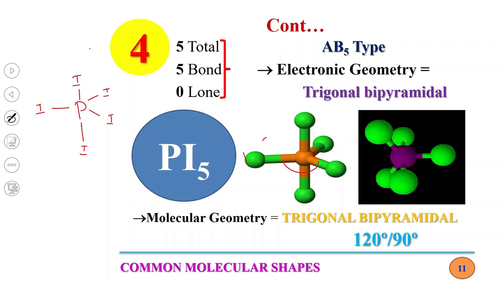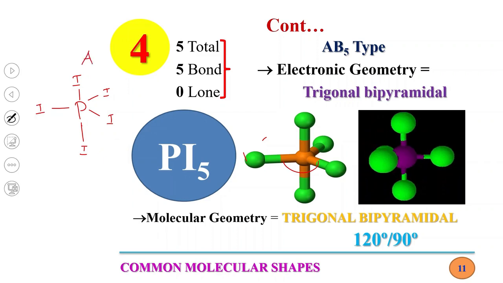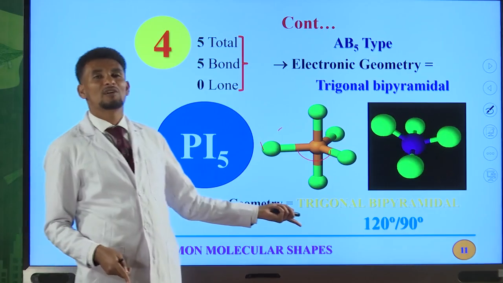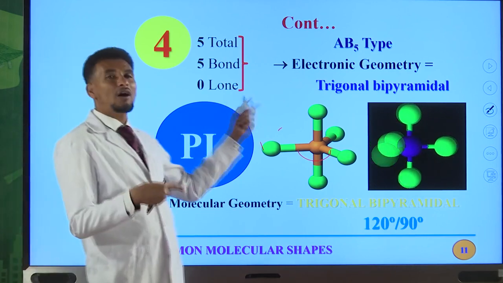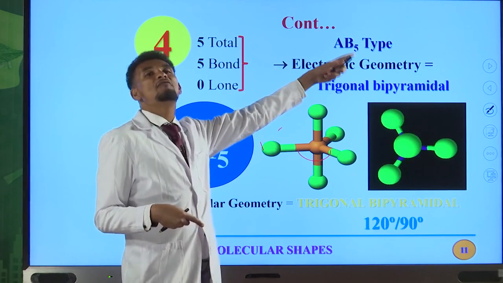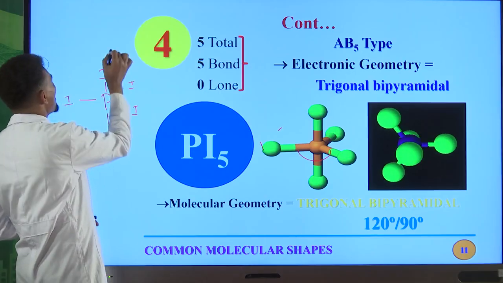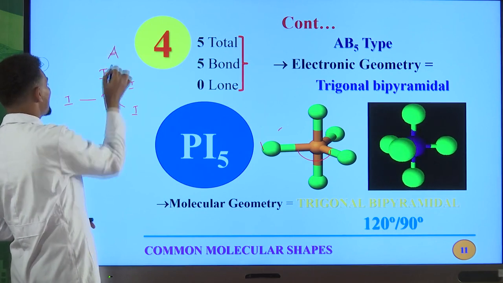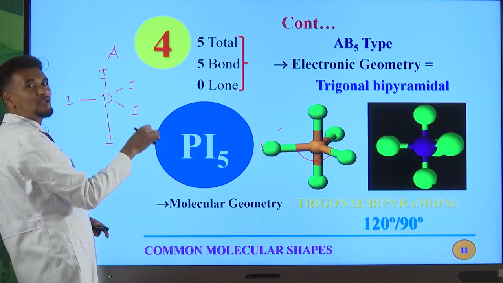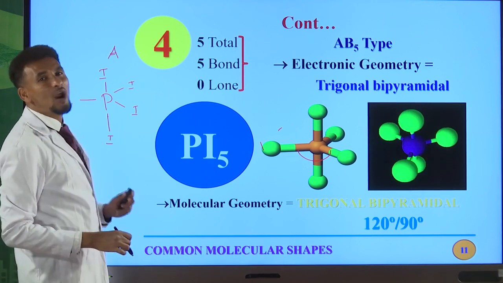This trigonal bipyramidal is the electronic geometry as well as the molecular geometry. PI5 is one best example for molecules that have AB5 type. So P is the central atom, so it is A. Then how many iodine atoms do we have? Totally we have 5 iodine atoms.